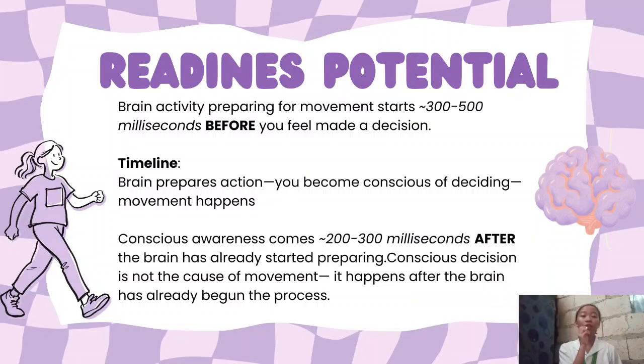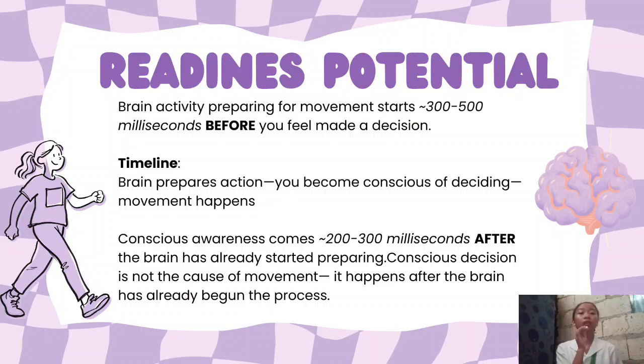So murag naa siya timeline or like kanang sa atong pag-decide o pag-move. So ang una ko na mahitabuan na is the brain prepares unconsciously. Then number two is you feel I decided to move. So kana na maghunahuna ko nga mulihok ba ko or dili. And then three which is naka-decide na ka na mo move, which is the movement happens.